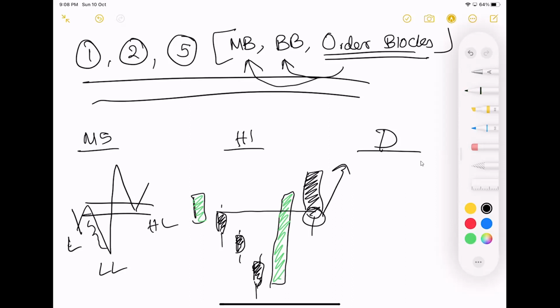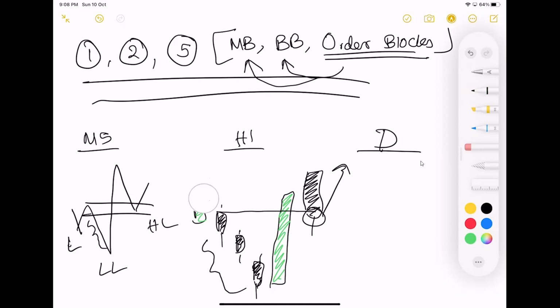Now think about this. If this is a series of down close candles on the 5-minute, on the 1 hour, what are these series of down close candles going to be represented as? One big bullish order block, correct.